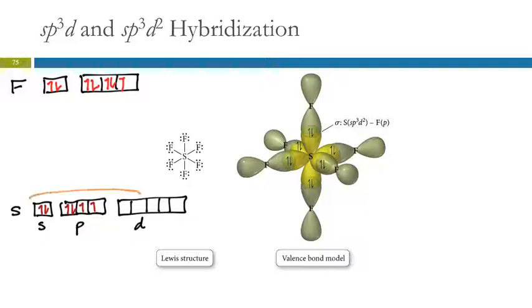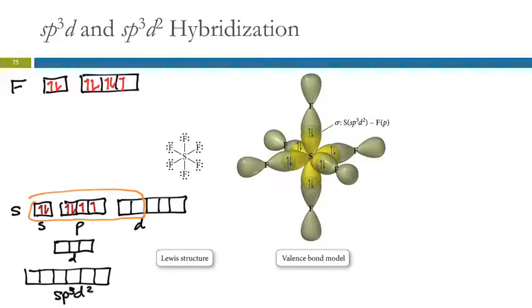So we're going to take two of the d orbitals with the s and the p's and make hybrid orbitals. And we're going to have 6. And these 3 d orbitals are still there. They were empty before, they're still empty. So those are the d's, and this is sp3d2. We still have 6 valence electrons. 1, 2, 3, 4, 5, 6.